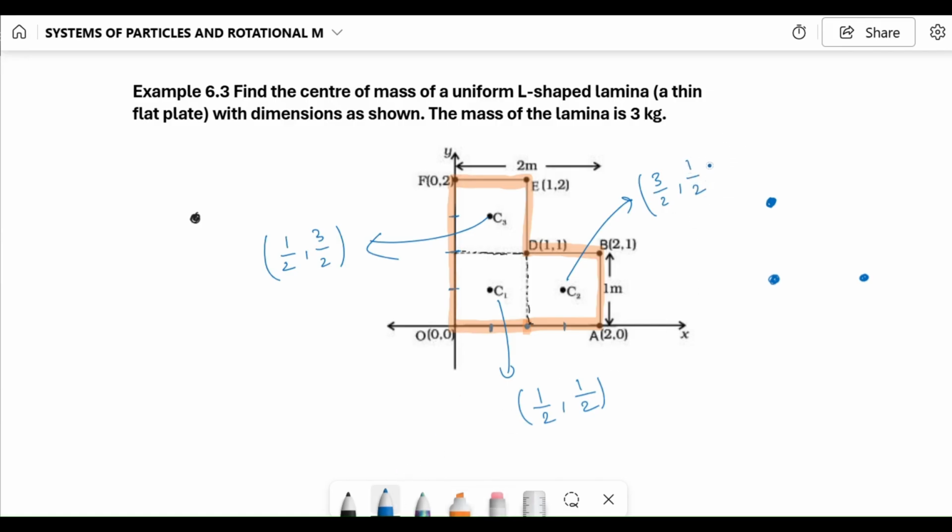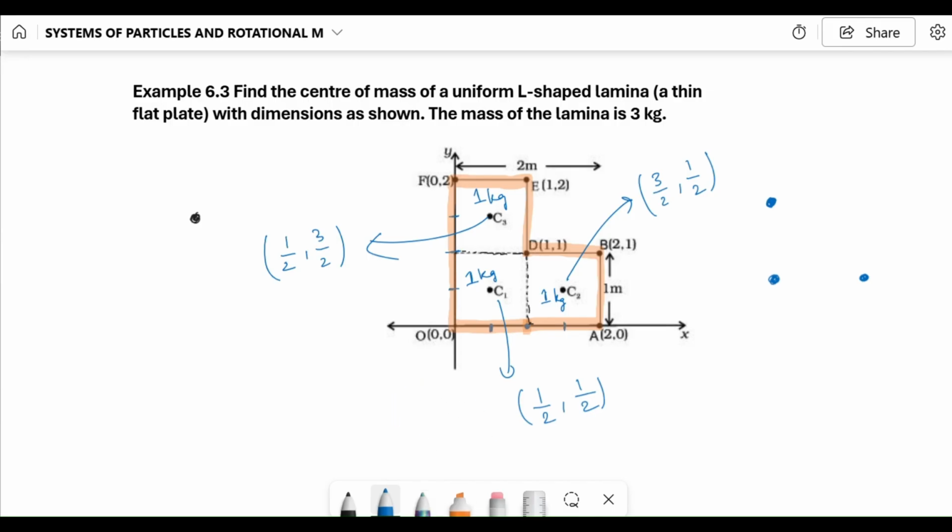Now this lamina has mass 3 kg, and we have distributed this lamina into 3 different squares of equal size, and obviously if it is uniform, then these masses will be equal. So these 3 masses C1, C2 and C3, these are 1 kg each. Let me redraw this situation and then you will find it very easy.